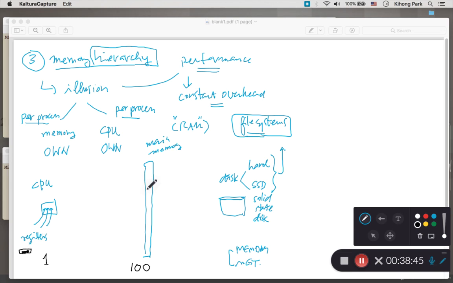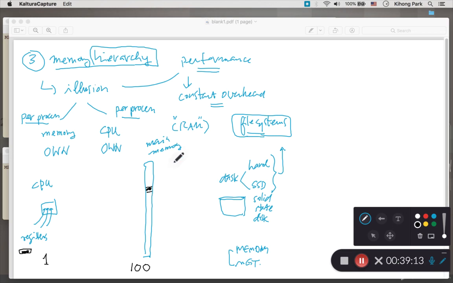That content may also be resident in this memory location at some address. What's the time that's required to fetch, to read or write this content, depending upon where it's at? If this is 1, this is, ballpark speaking, 100. So this is way, way slower than this guy.